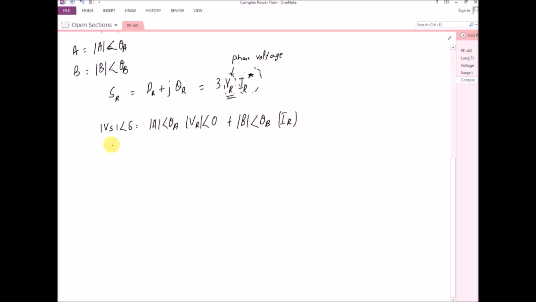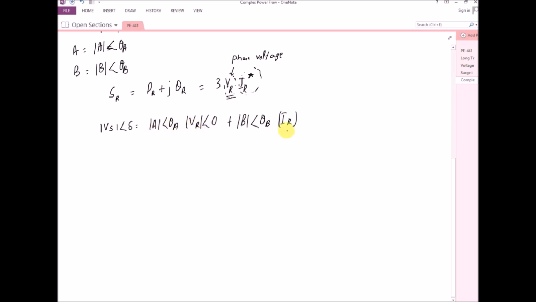This is the same equation that we have used before. We have a sending end voltage in terms of receiving end voltage and receiving end current multiplied by the respective constants, but I have just segregated it into the magnitude and phase of the constants as well as for the voltage values.